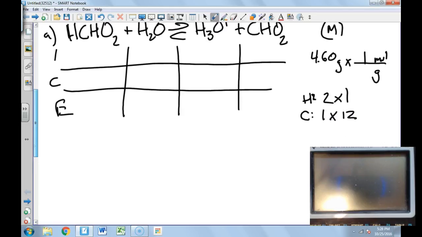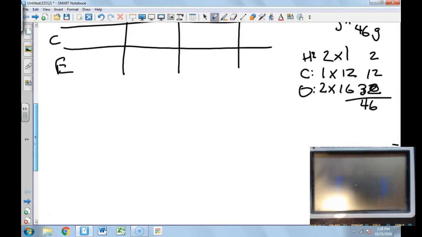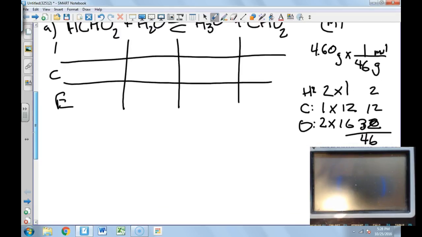There's an O, two of those, with a mass of 16 each. So this is 2 plus 12 plus 32, and that equals 46. Now 4.6 grams times 1 mole per 46 grams equals 0.1 moles.